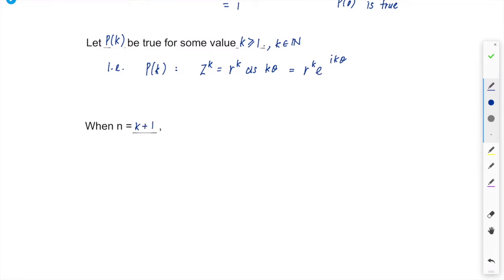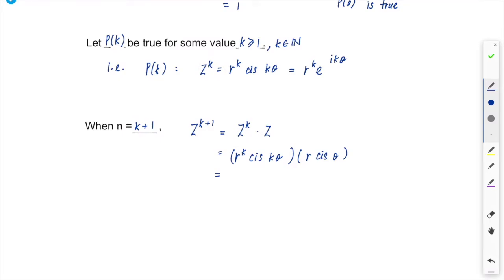So what happens here? Well, we can start by looking at z to the power of k plus 1, which can be rewritten as z to the power of k times z. We know the expression of z to the power of k is r to the k cis k theta. We will multiply this by r cis theta.